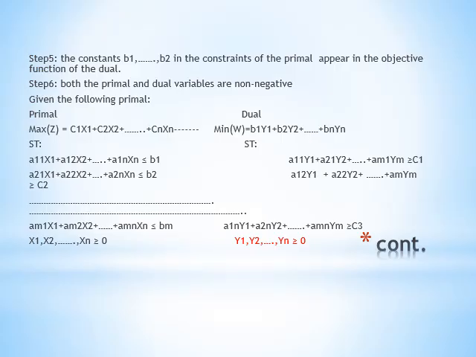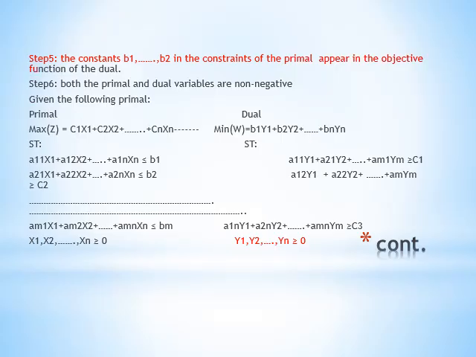Now, the objective function in the primal problem is about maximization. So C1 x1 plus C2 x2 plus up to Cn xn.